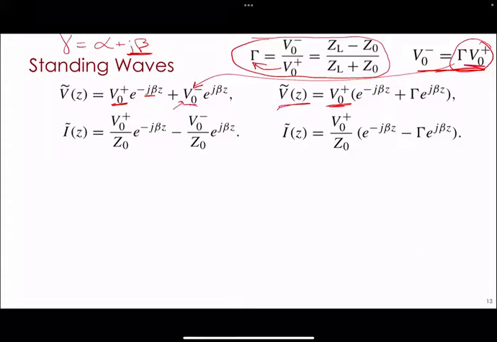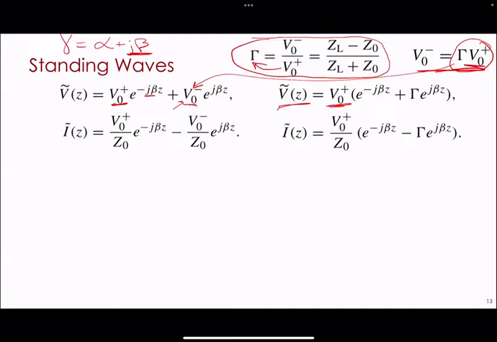Okay, calculating magnitude. How do you calculate magnitude? Commonly, if you have a complex number in rectangular form, you take the real part squared plus the imaginary part squared, and then take the square root. That's like converting from rectangular form to polar form, where the magnitude is out front.